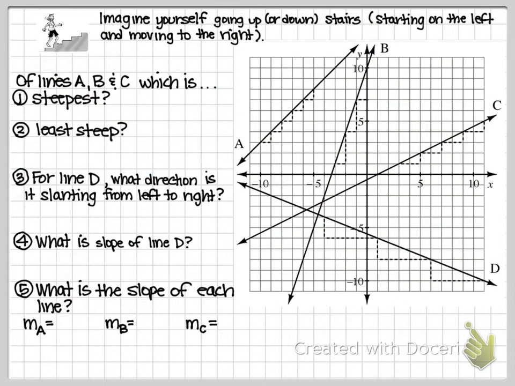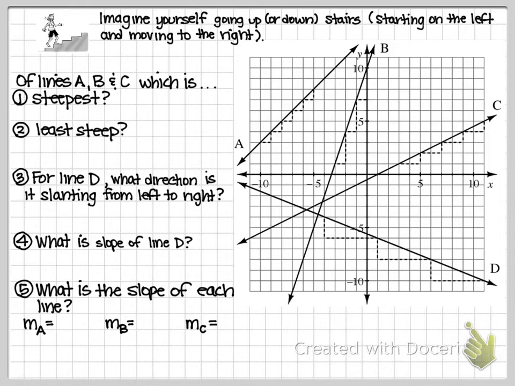Okay, so one of the next images on that images sheet for today. We've got all of these graphs. Looks like there's A, B, C, D on this one. We're going to ask some questions here. I want you to imagine that you are walking up or downstairs. Doesn't matter which way. And we want to think about the steepness of these lines.